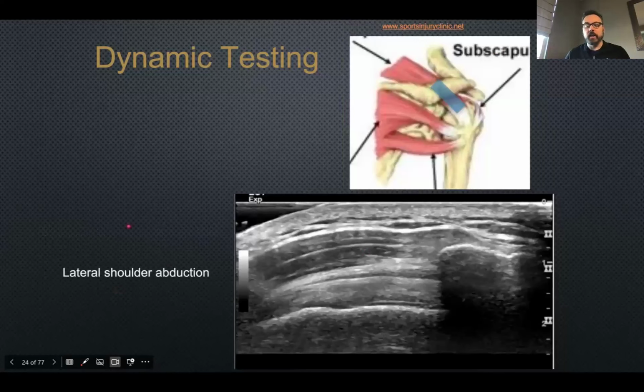Another area that is easily evaluated with the dynamic component is subacromial impingement, which might occur. If this is the top of the shoulder, this is our acromion process here, and you can see the tendon of the supraspinatus. The blue rectangle is showing you how the ultrasound probe is sitting.